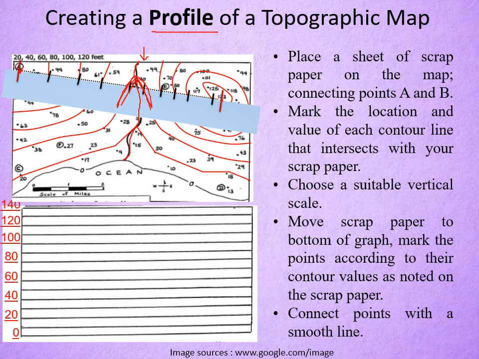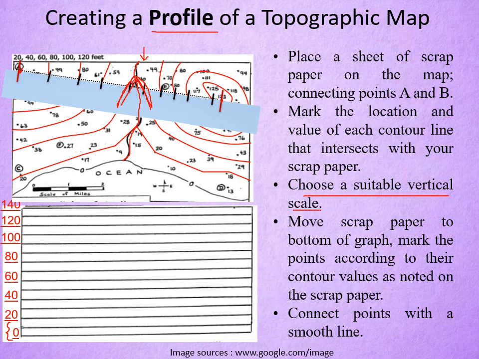Now a vertical scale has to be chosen in your graph paper. In the second phase, you have to take a graph paper with lots of horizontal and vertical lines already drawn in it. We have to measure a vertical scale. Say for example, here we take 1 centimeter is equal to 20 feet.